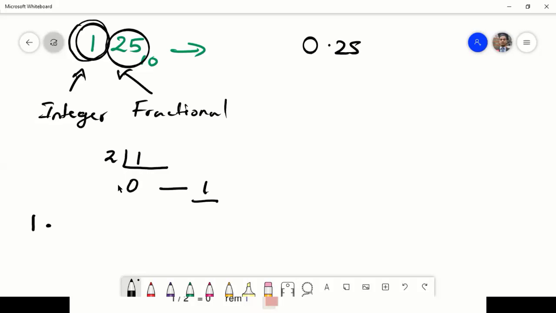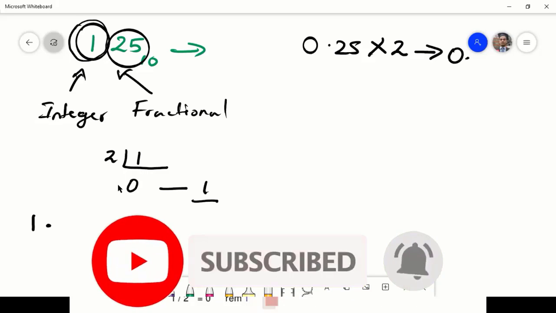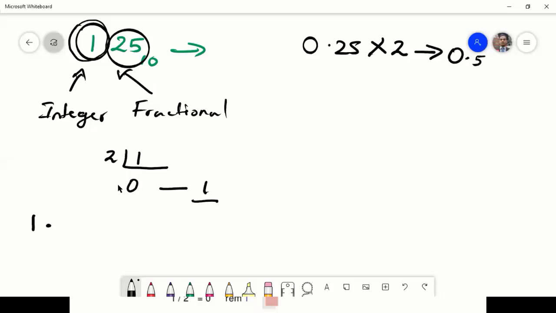So how do we convert a fractional number? Multiply by 2. 0.25 multiplied by 2, we get 0.5. Now we have to multiply this 0.5. 0.5 into 2, now you get 1.0.